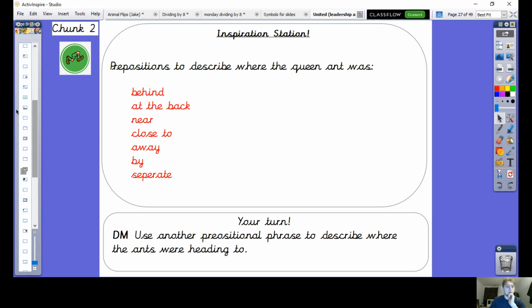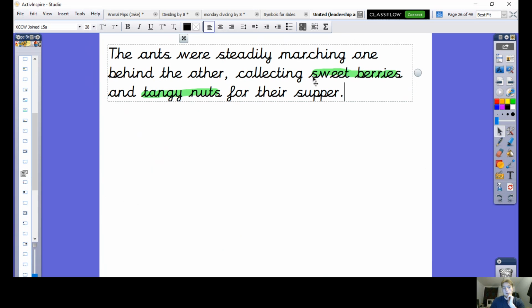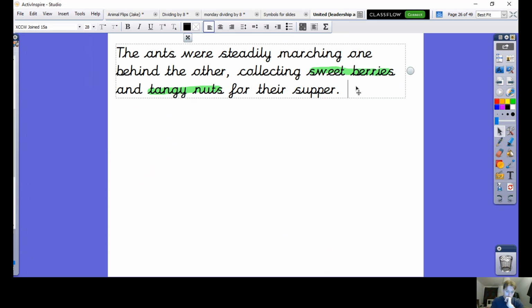And then I'm going to use these prepositions that we've got just to model the next part. So, because we're talking about the queen ant, I will start the sentence with her name. So the queen ant stood. I'm going to use behind as my preposition.